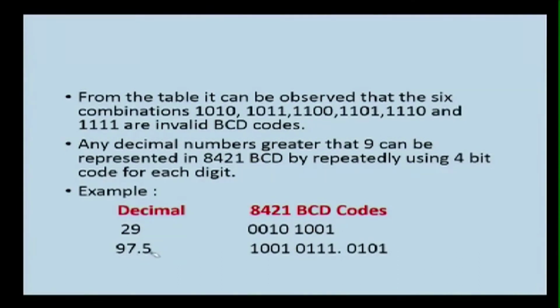Same way 97.5: for 9 I get 1001, which is 8 plus 1, 9. For 7, I have written 0111, which is 4 plus 2 plus 1, 7. And for 5, it is 0101, which is 4 plus 1, 5. So, this way we can represent a BCD number.